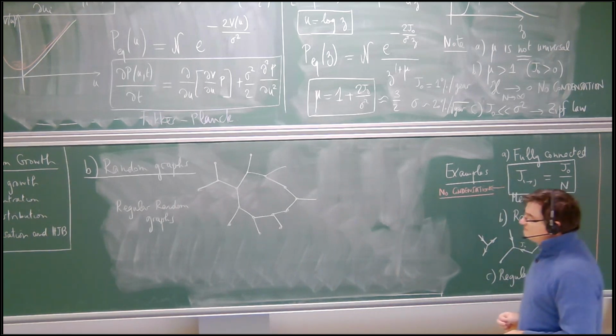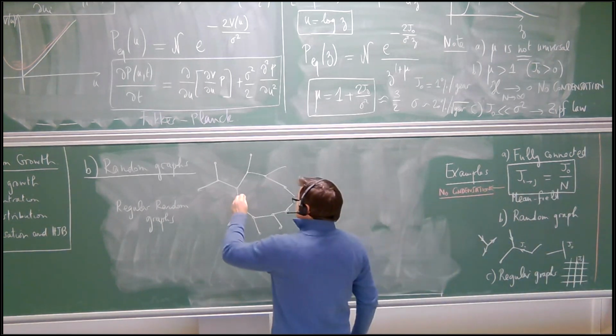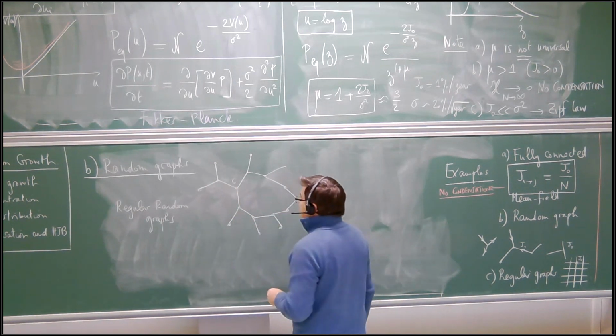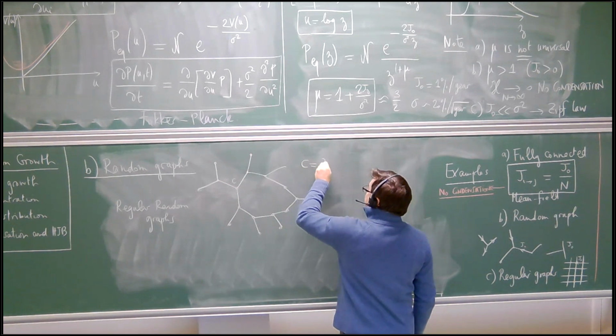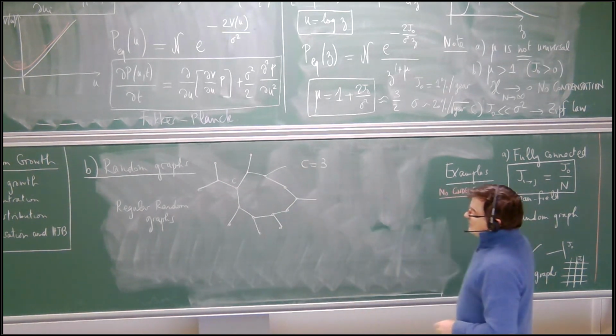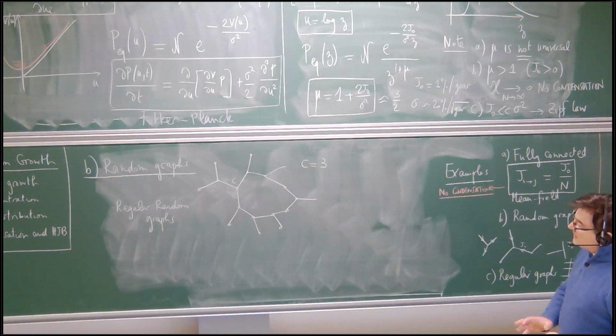Okay. And so the connectivity is sometimes called C. So here in my example, C equals 3. And the fact that it's a locally tree-like graph allows you to make exact calculations.